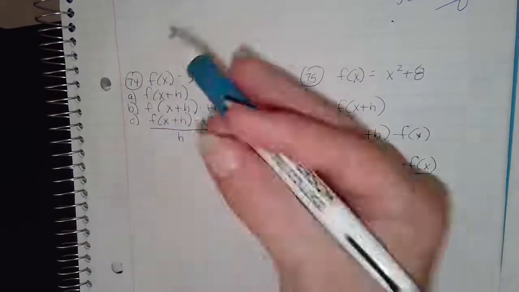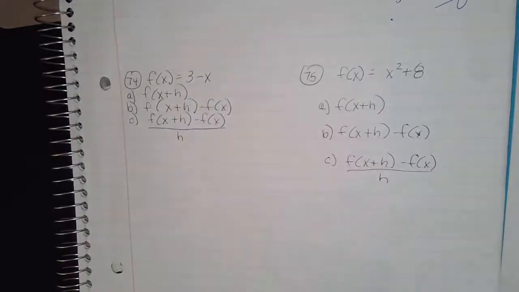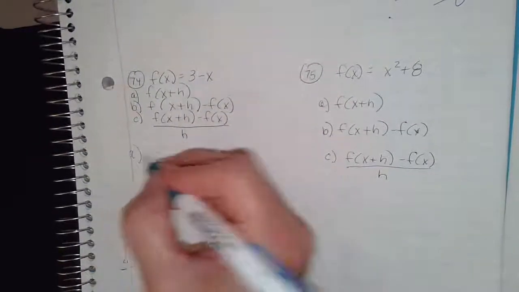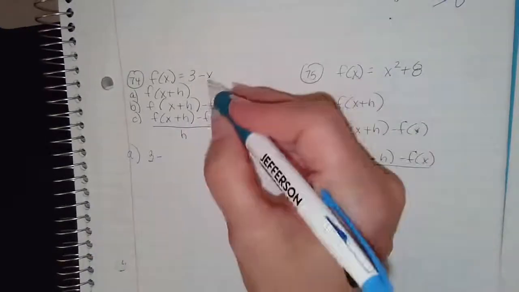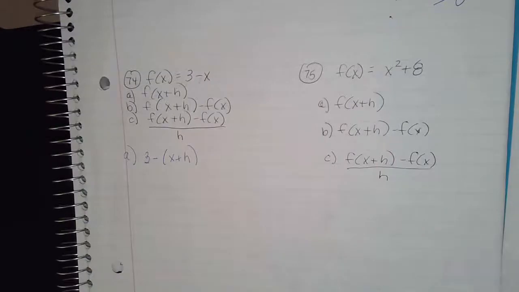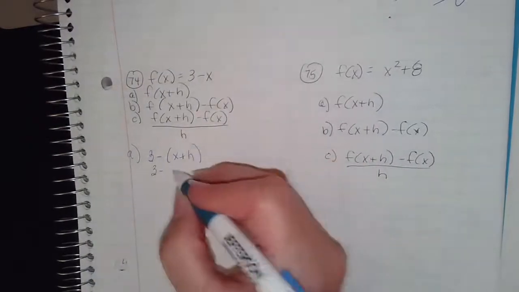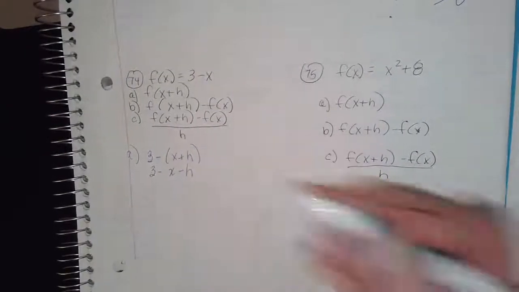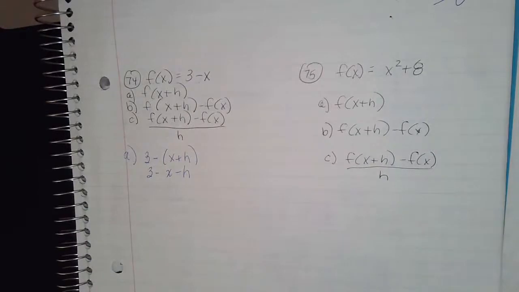So you put this into the x, or x's if there's more than one. So for A part, we have 3 minus, instead of x, we write x plus h. And then simplify that. Really, all we need to do is distribute our negative sign. And I can't combine any like terms, so that is the answer for A part.